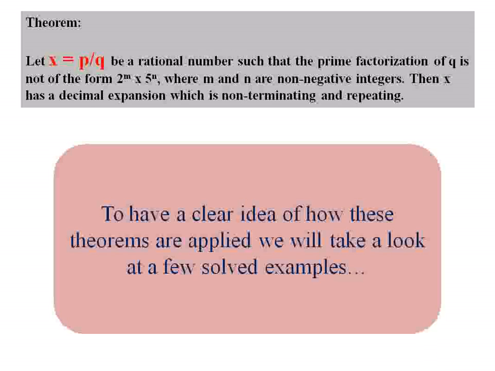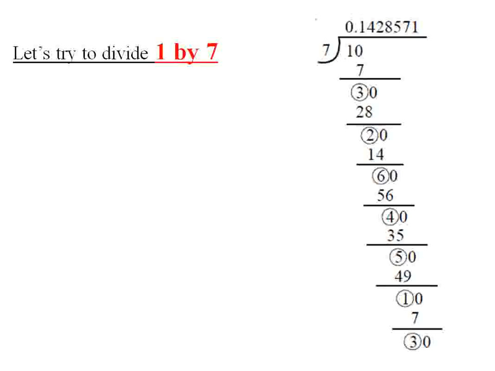To have a clear idea of how these theorems are applied, we will look at a few solved examples. Let's try to divide 1 by 7. The long division process has been put on the right over here.